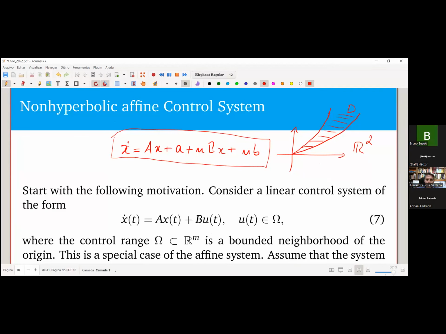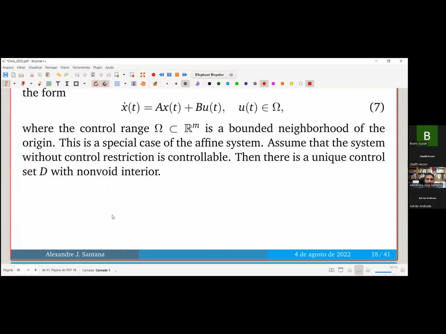Then let me give here the geometric idea of this work. The geometric idea is the following. If you take R2, or the state space, and the control set given by, for example, this cone here.